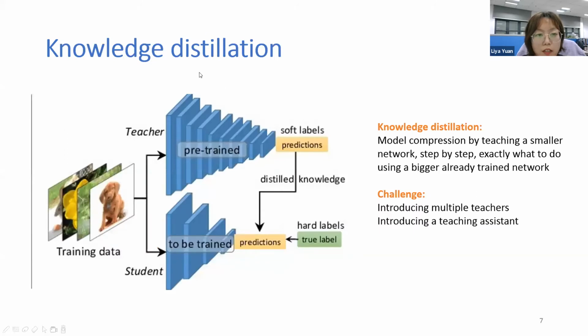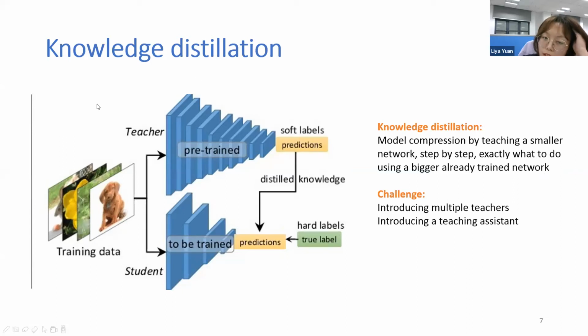And here is the introduction of knowledge distillation. Knowledge distillation refers to the model compression technology of teaching a smaller network step by step exactly what to do using a bigger already trained network.